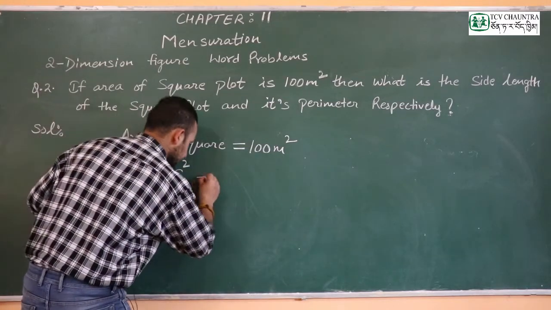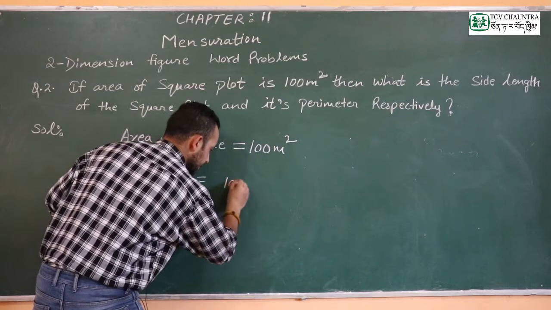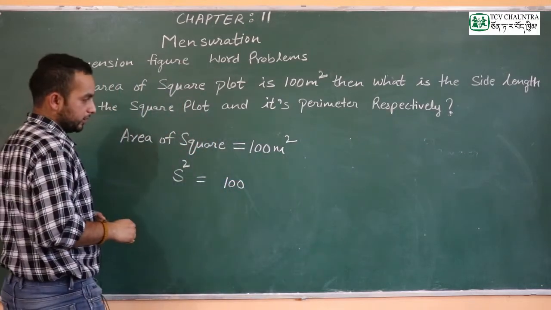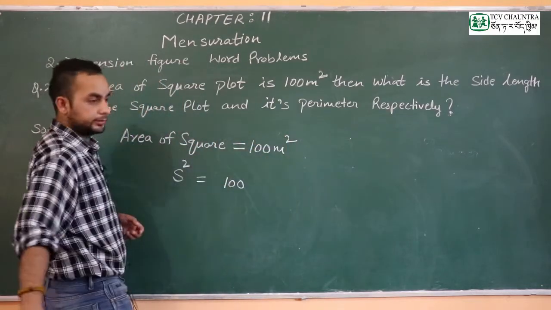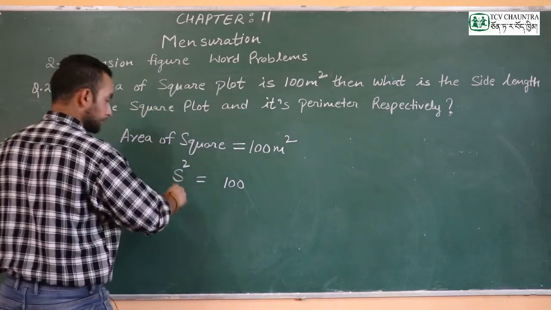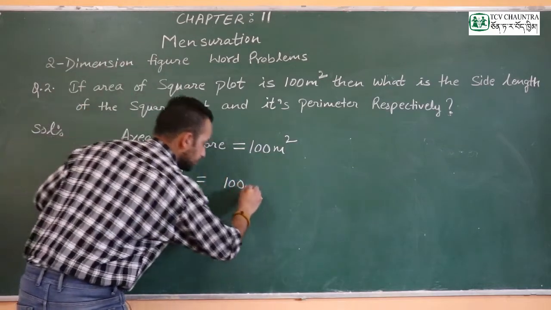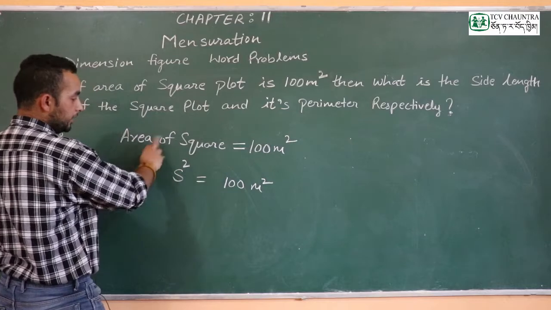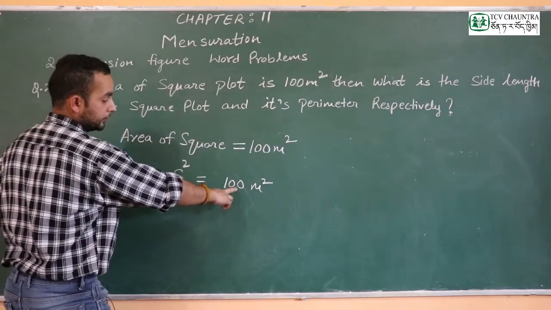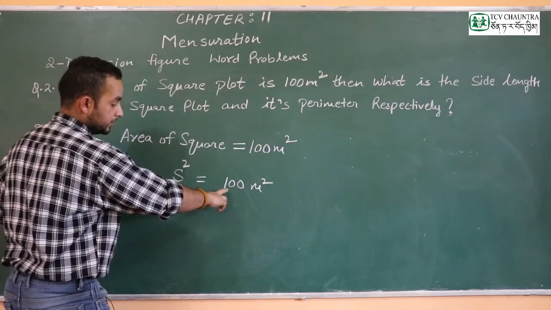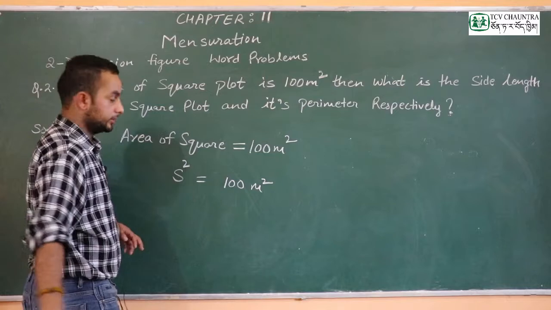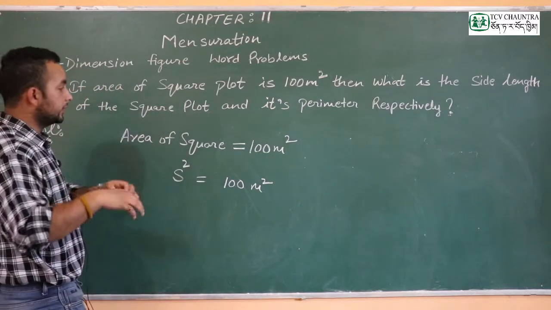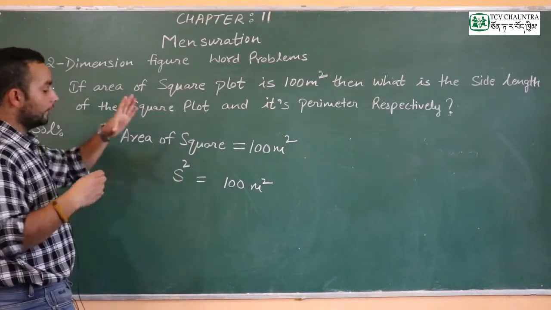So side square is equal to 100 meters square. Right. Now you're going to find the side length of the square.